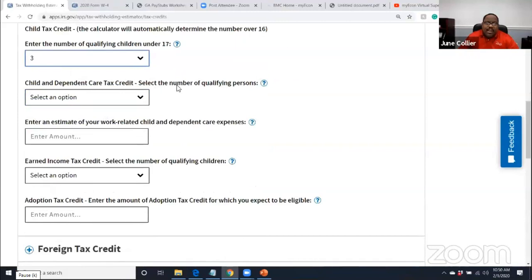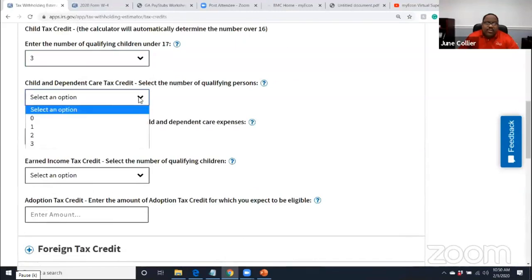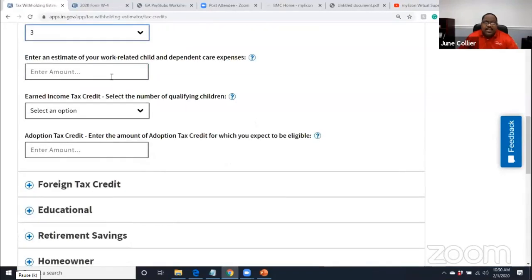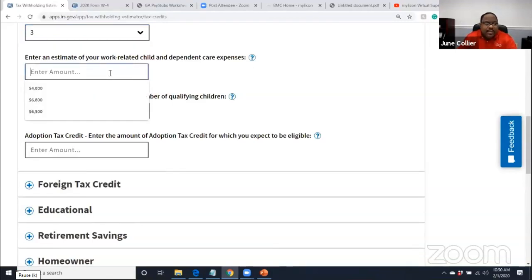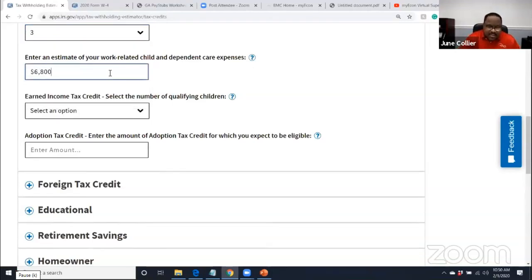Select the number of qualifying persons. We've got 3 children. We're going to enter 3. Enter an estimate of your work-related child and dependent care expenses. What we're going to enter here is $6,800 because we paid $6,800 in child care.